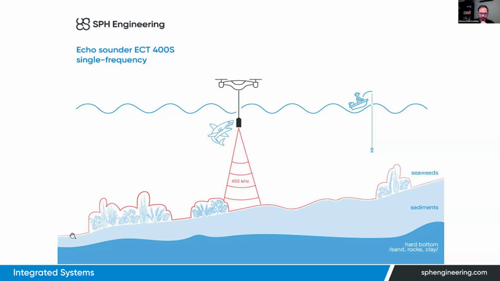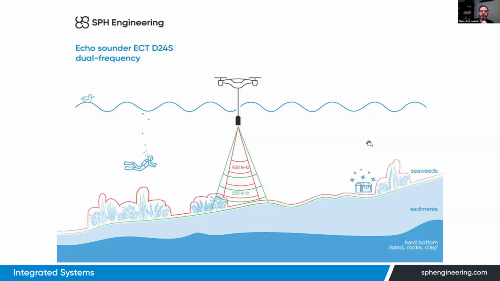So if we profile the bottom like here, we will get readings like the red line. In most cases, we don't need the depth to the vegetation, we need to measure the depth to the bottom. So in scenarios when we have heavy vegetation on the bottom, a single frequency echo sounder may not be the best choice.